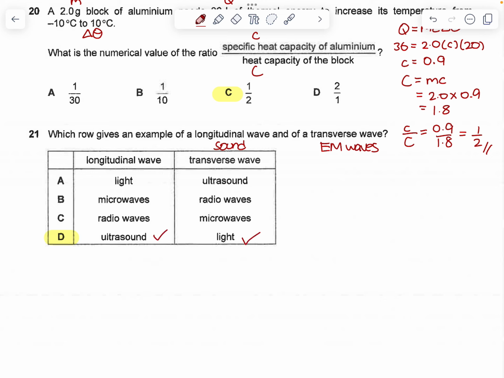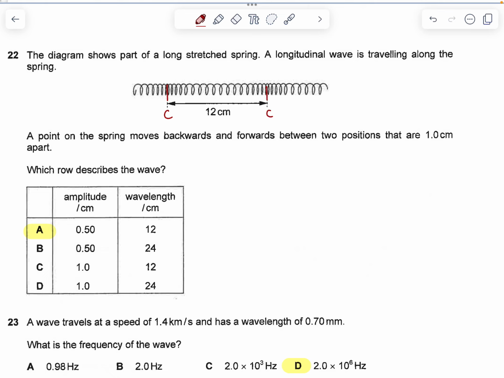Question 22. The diagram shows a part of a long stretched spring. The longitudinal wave is traveling along the spring. So this is where compression is, and in between two compressions is the wavelength. The spring moves back and forth between two positions that are 1 centimeter apart, which is actually the max and minimum displacement.